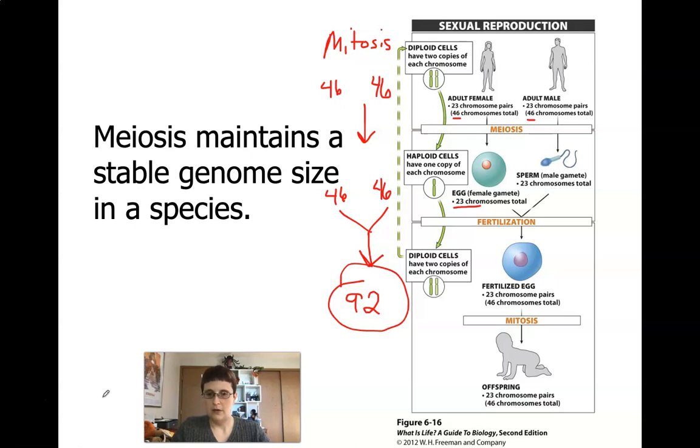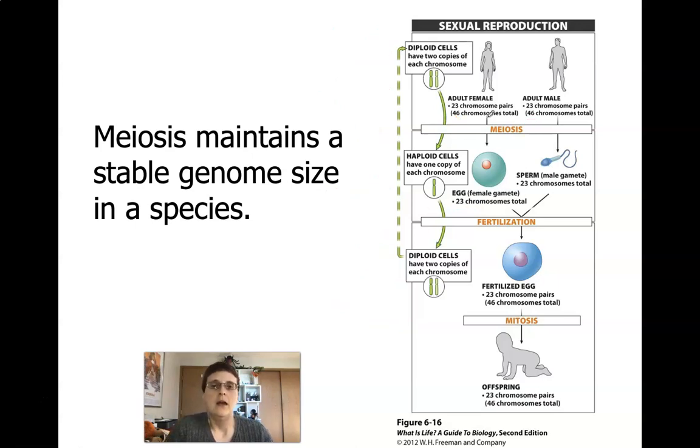So that's why we're going to use meiosis. So we're going to start with 46 total, 23 pairs, cut it down to the haploid number, so one of each chromosome. So we've got 23 and 23, so that when we do fertilization, we're back to 46 total chromosomes for the offspring. Okay?